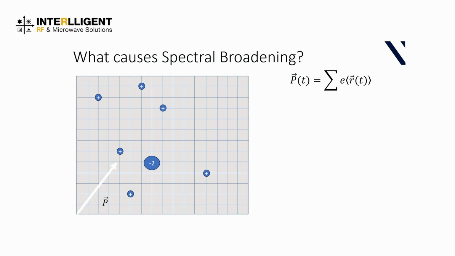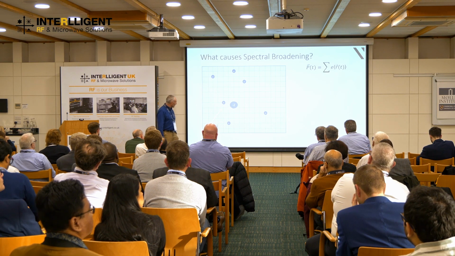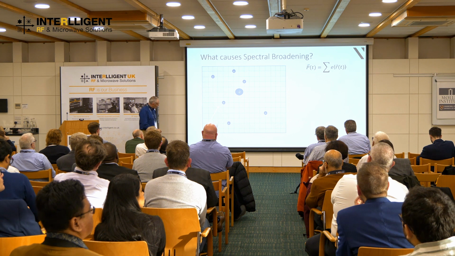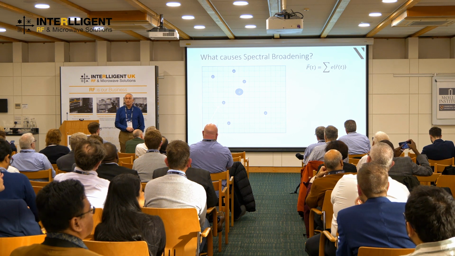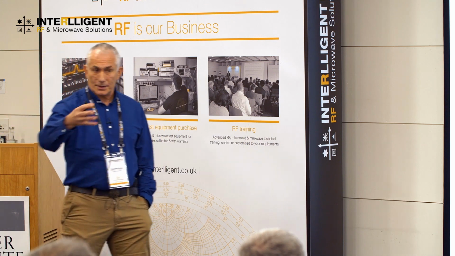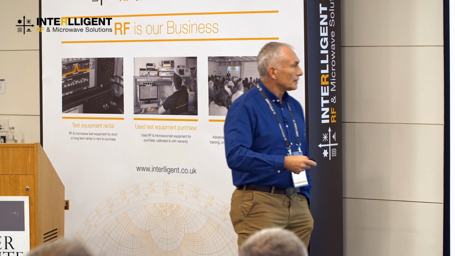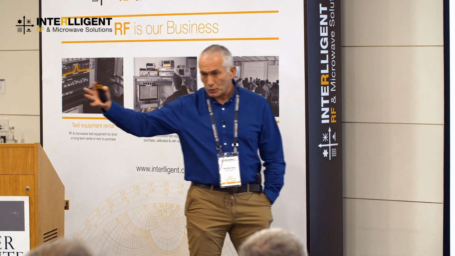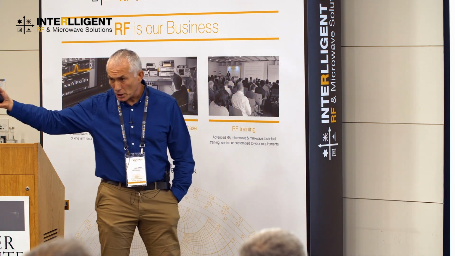Okay? That's what it will be. Now, if I start shifting that ion, I'm going to shift that vector. So basically, if something moves inside, I change the polarization vector, which of course changes the permittivity that I measure.